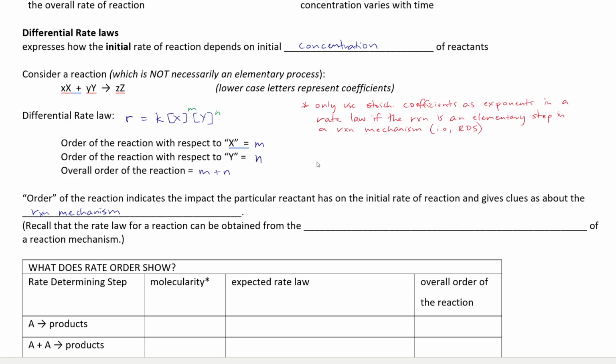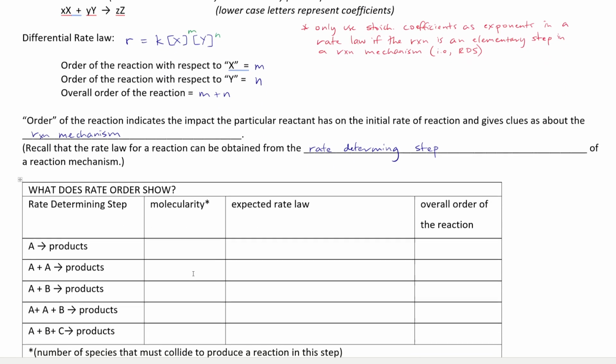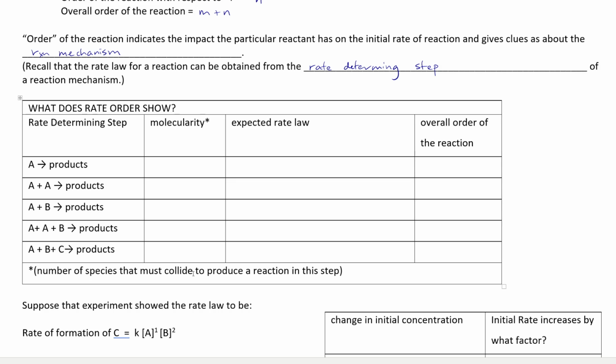Recall that the rate law for a reaction can be obtained from the rate determining step of the reaction mechanism. So what does the rate order show?